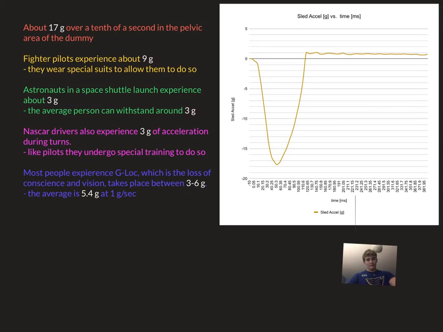which they experience an increased amount of acceleration. And obviously, this is much like the astronaut example, below the amount that an average person would go into G-lock. However, they also undergo special training because the training and the precautions prevent potentially dangerous catastrophes.